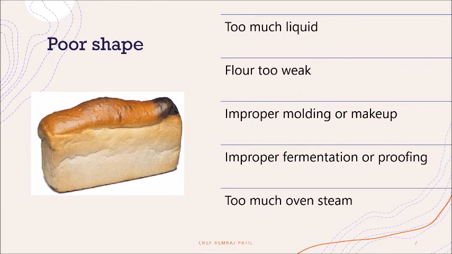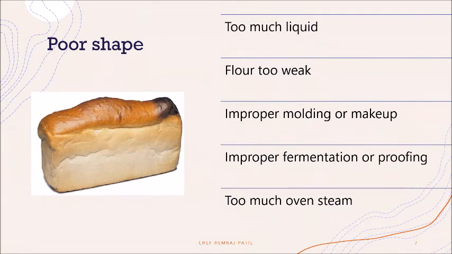Next, improper mold or makeup. When we put a dough in a mold and when we give a shape, generally the first step is we knock back the dough, we remove all the gases, and then only we give a shape.